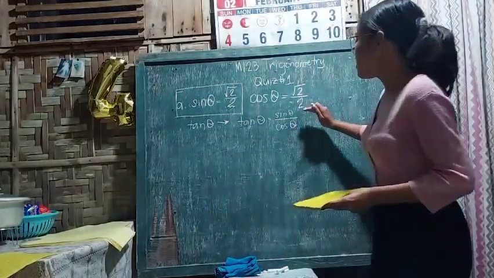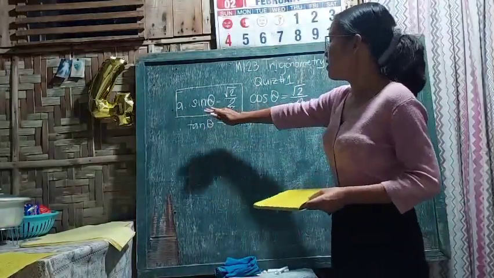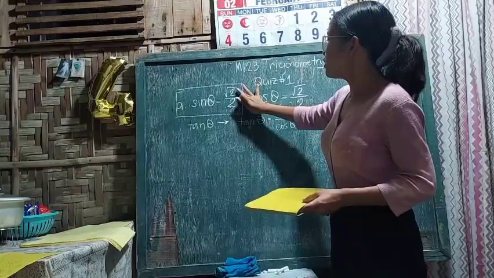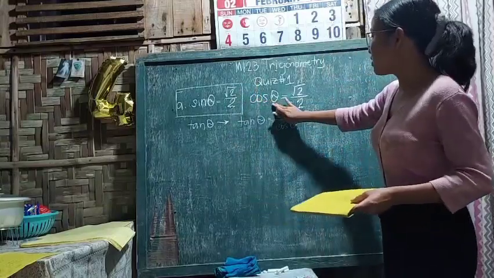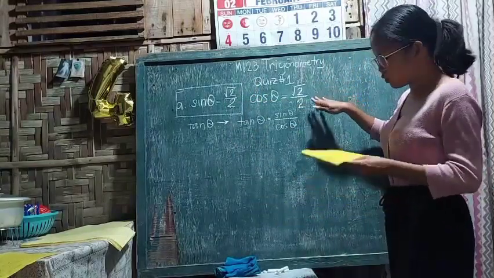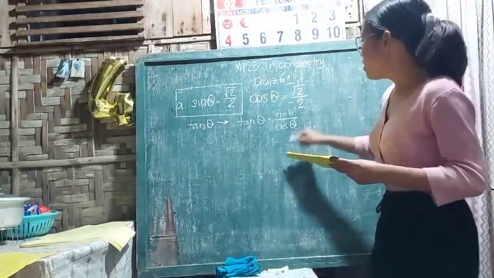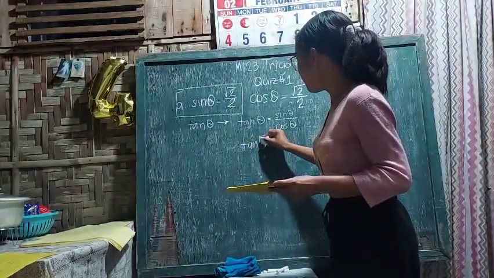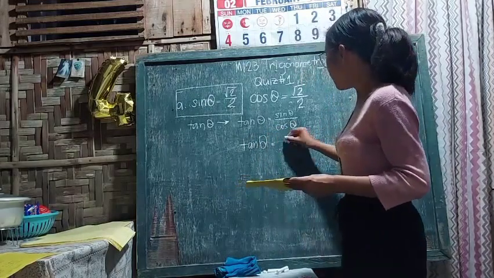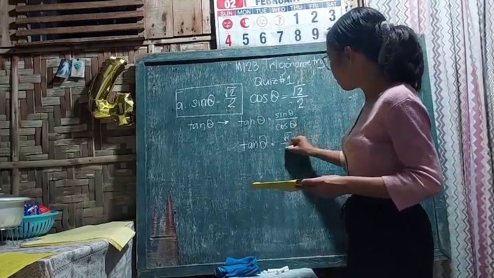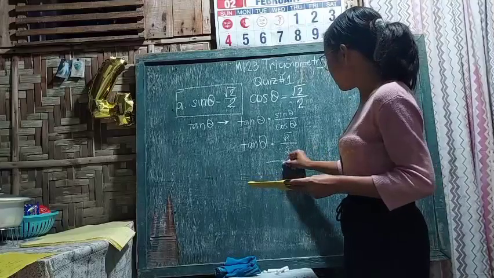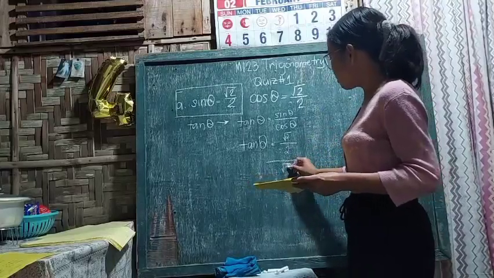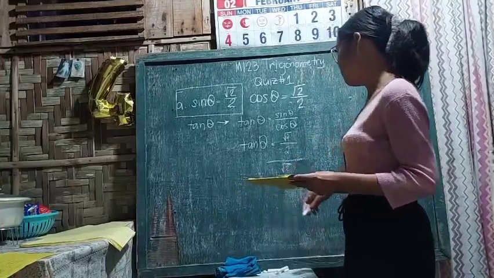Now, our sine theta is equal to square root of 2 over 2, while our cosine theta is also square root of 2 over 2. So, let's substitute. Tan theta is equal to square root of 2 over 2 over the value of our cosine, square root of 2 over 2.